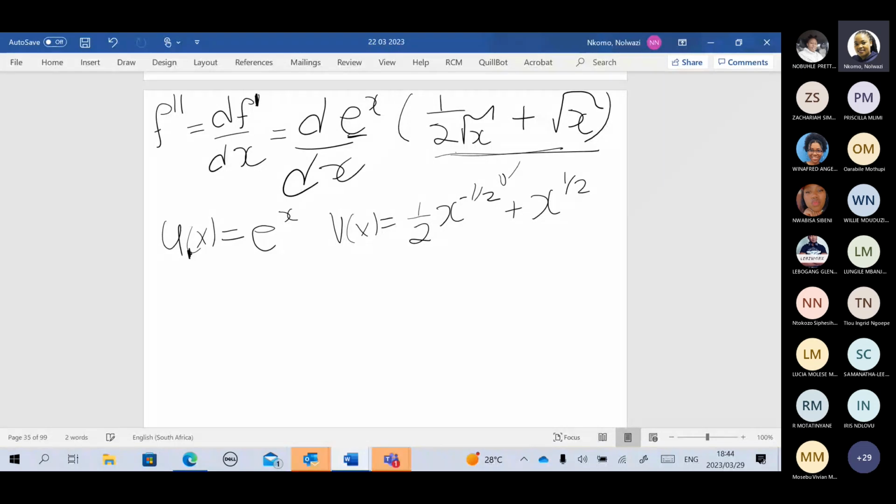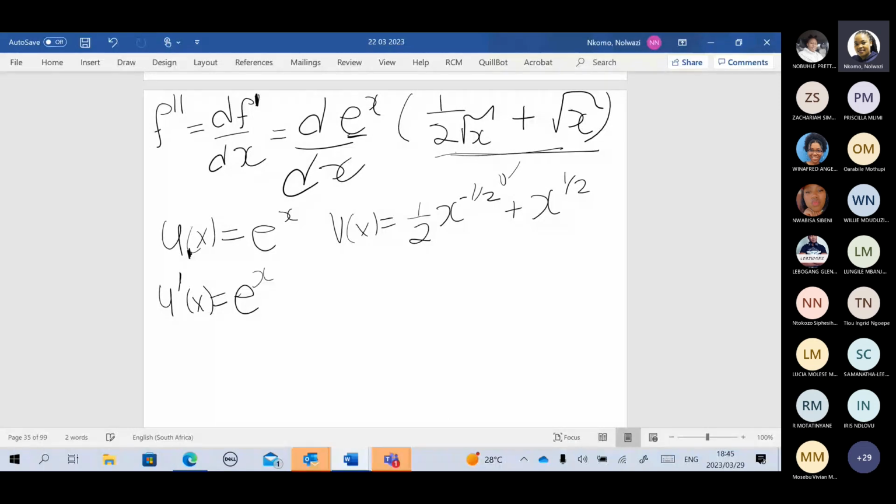And we remember to use the product rule, we need u, v, u prime, v prime, right? For now, we have u and v, but we can differentiate u to get u prime. Okay, u is e to the power x. If we differentiate e to the power x, the derivative of that function is itself, right?